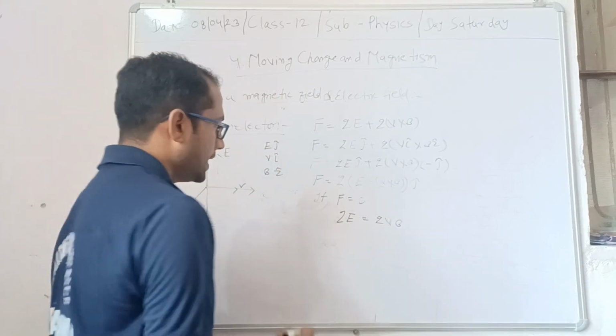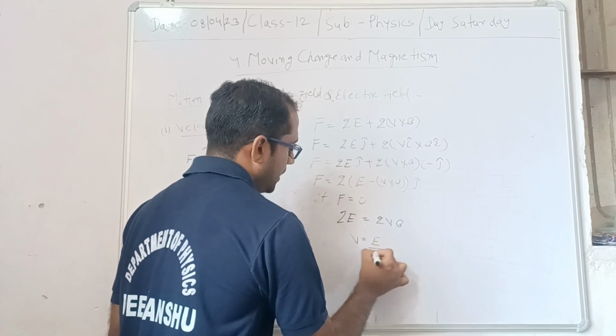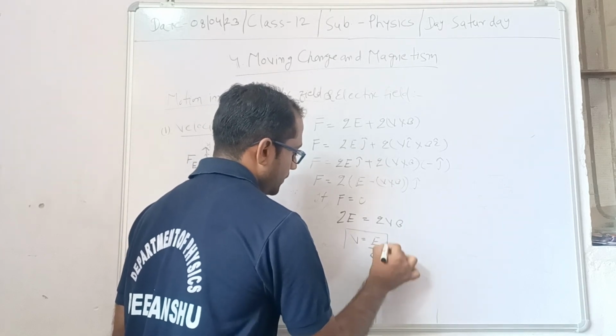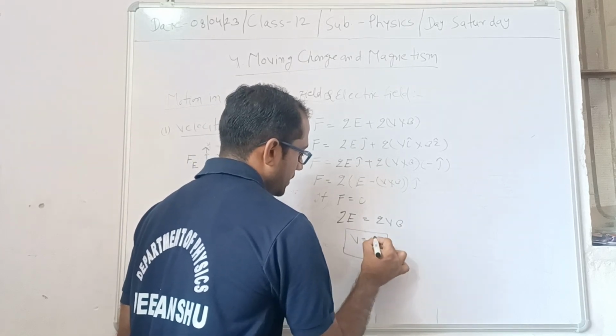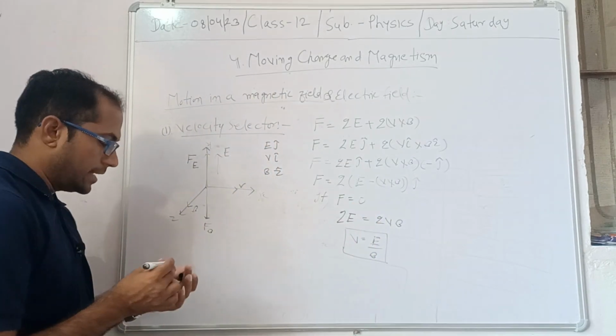Then if we find the value of V, we get V is equal to E by B. So this formula is why it is a velocity selector.